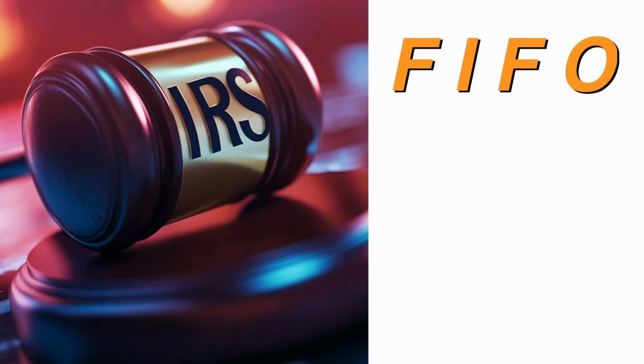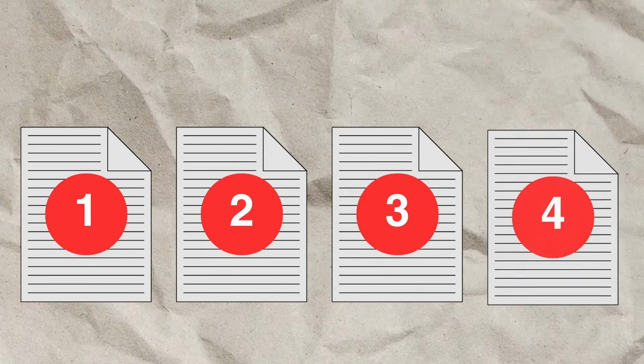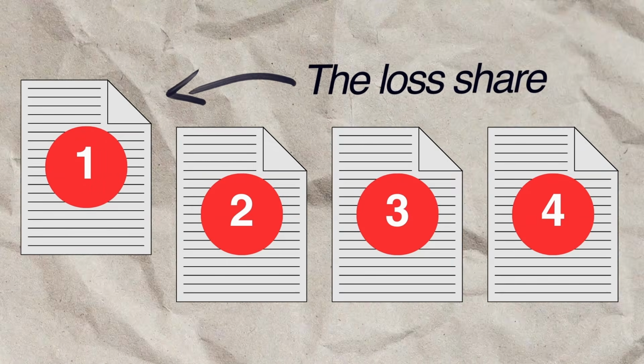What does FIFO mean? FIFO stands for first in, first out, and this means your losses are based on your oldest shares. So the first shares to go in are the first shares to go out. If you have multiple tax lots, you're selling across multiple tax lots, and you have a wash sale, losses are going to be applied to those oldest sales first.